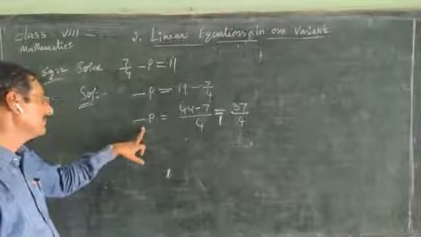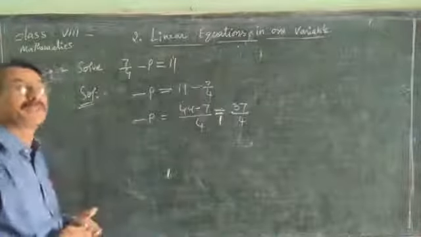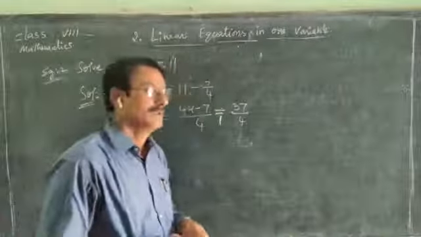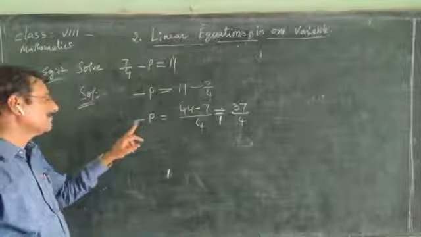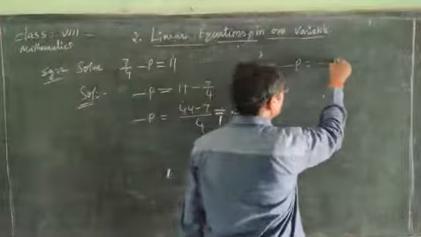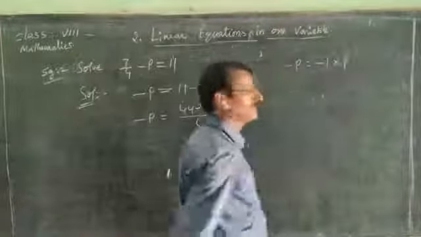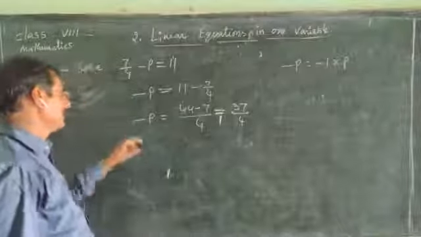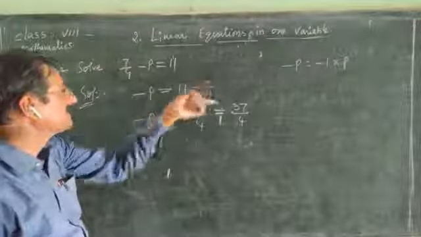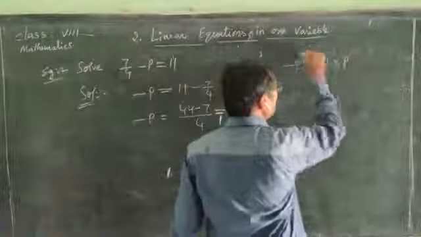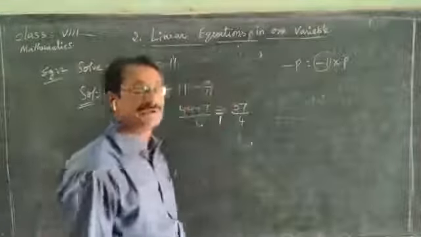But we have to find the p value, that is the variable, not minus p. So what is the meaning of minus p? Minus p means minus 1 into p. If we send that minus 1 to the other side, the multiplication becomes division.